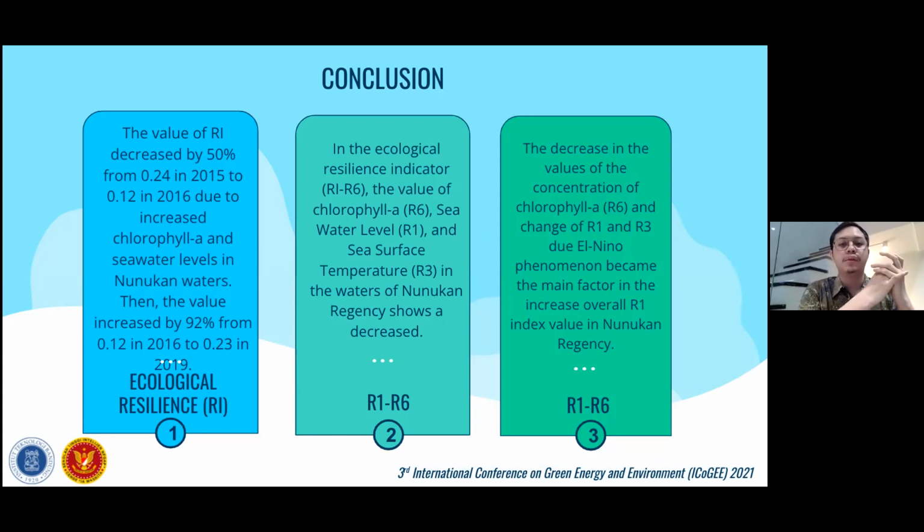And also in ecological resilience, the values of chlorophyll A, sea water level, and sea surface temperature increased, which affected the resilience index in the area. And lastly, the decrease in the concentration value due to the El Nino phenomenon became the main factor in the increased overall RI index value in the Nunukan regency.